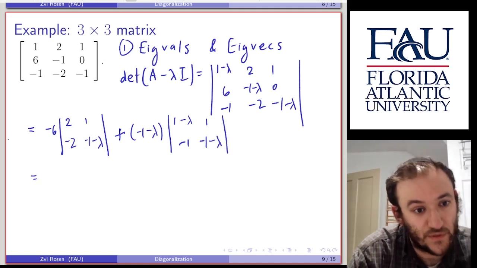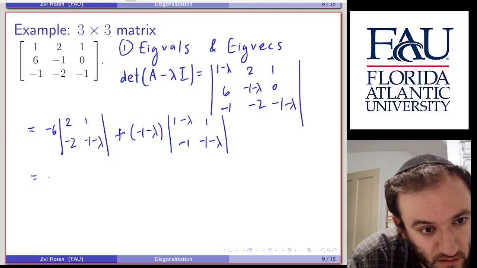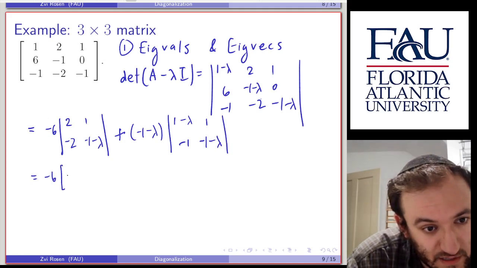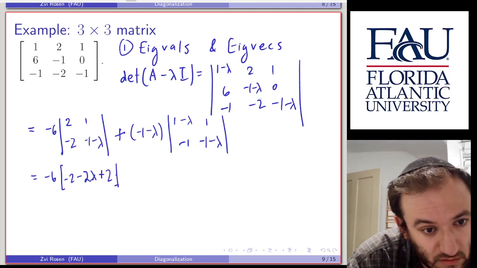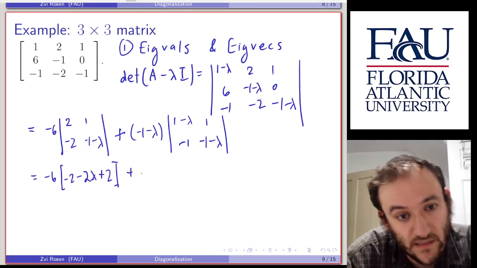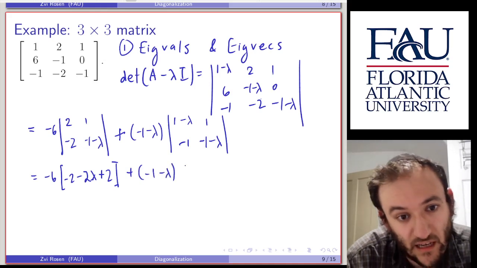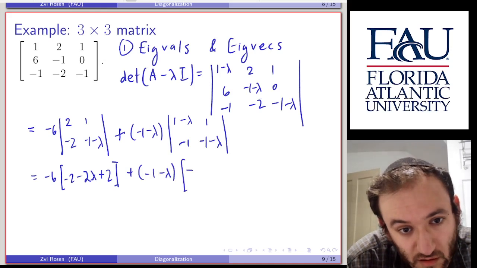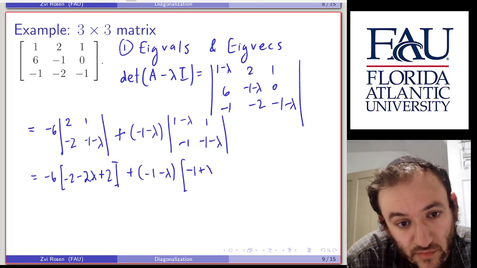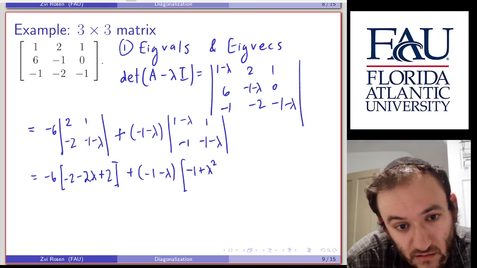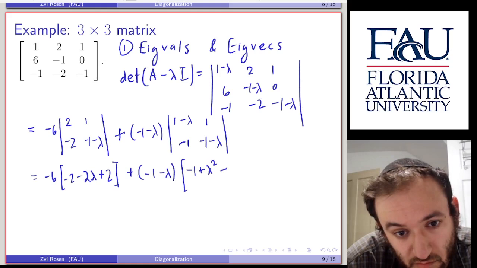This is equal to -6 times (-2 minus 2 lambda plus 2), plus (-1 minus lambda) times (-1 plus lambda squared plus 1).